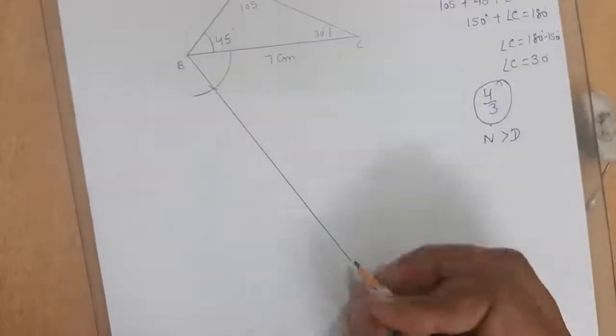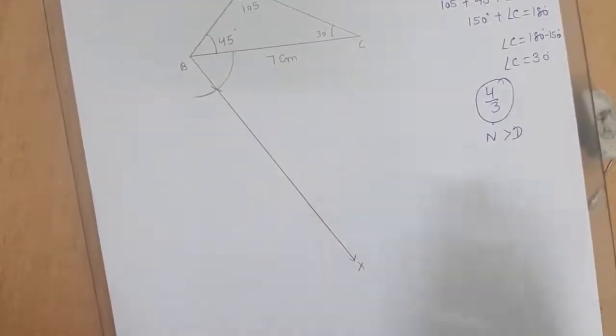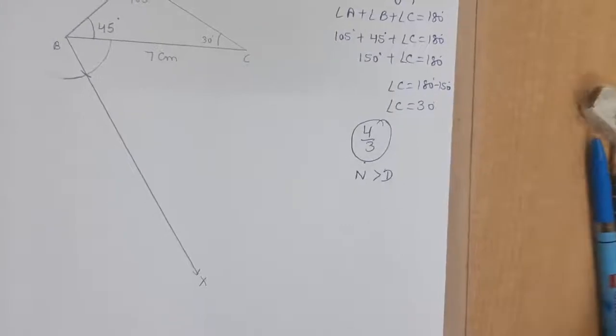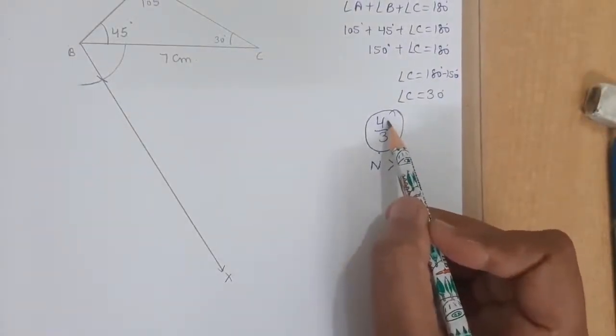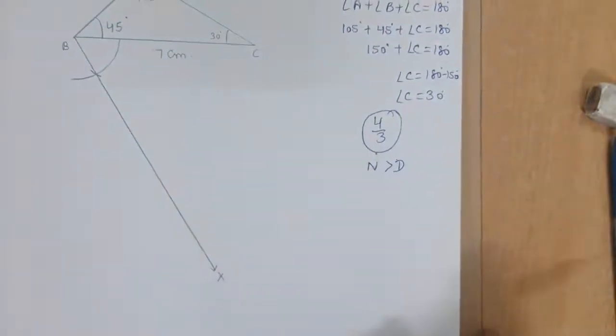Let it be our ray BX. I am writing X here. Now in how many parts will we divide it? We will mark 4 equal parts on this ray BX.